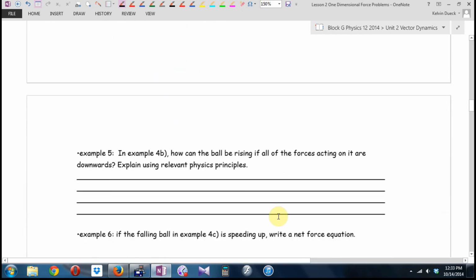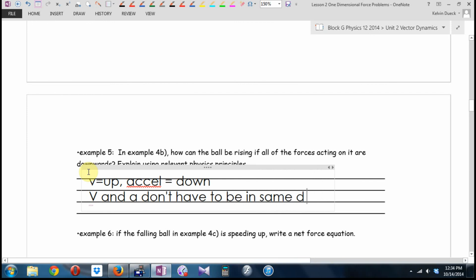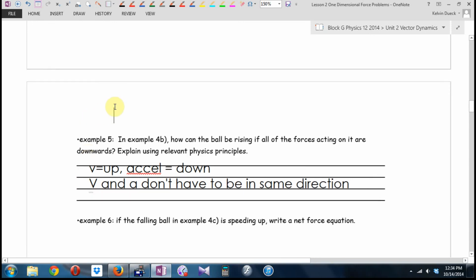But for now, I would say v is up, acceleration is down. v and a don't have to be in the same direction. And this is really my way of saying don't get velocity and acceleration mixed up, which for someone without a physics background happens all the time.